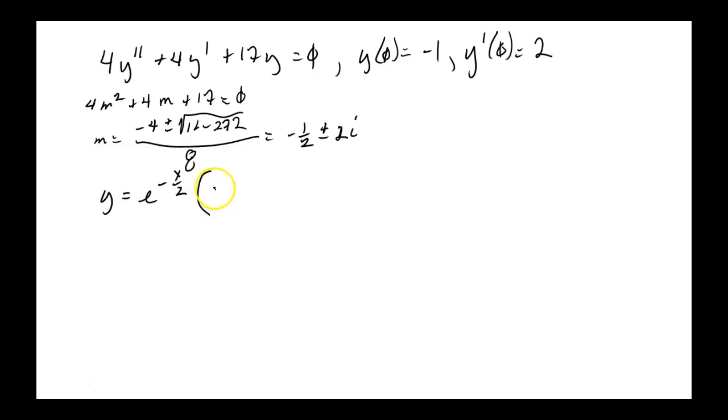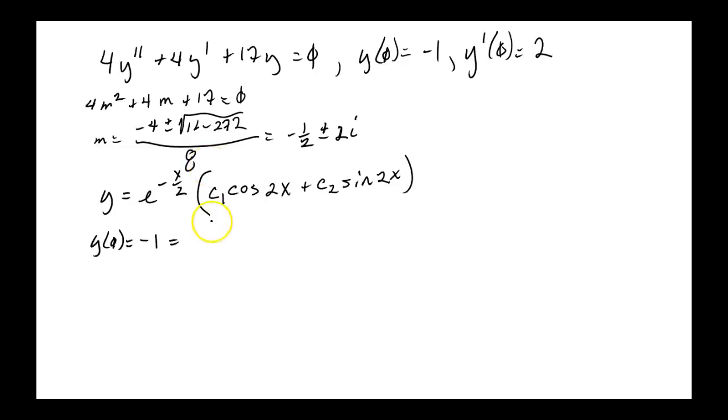times c1 cosine 2x plus c2 sine 2x. But we know that y of 0 is equal to negative 1, and e to the 0 would be 1.